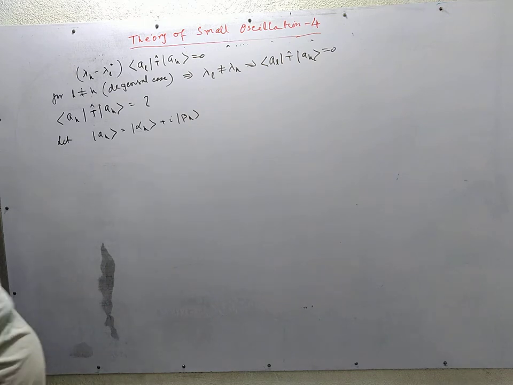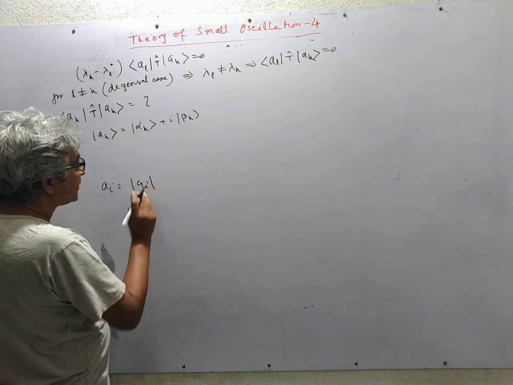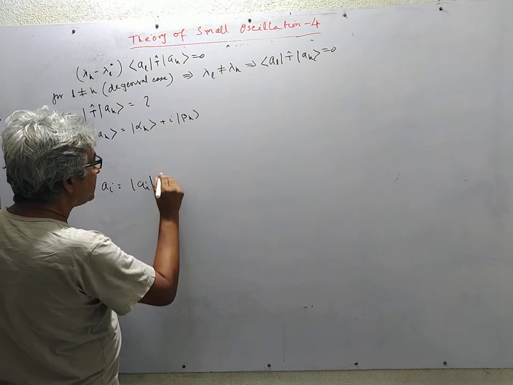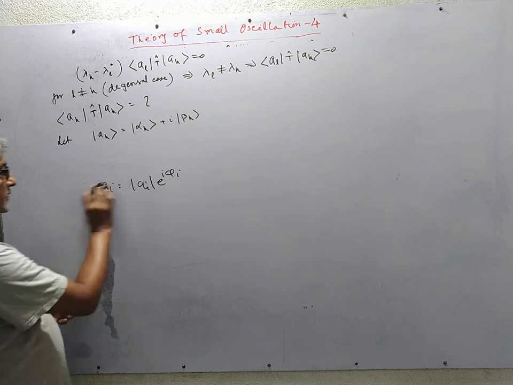Recall that we have written that A_i is complex, so we wrote it as A_i e to the power i phi_i. This is another way of writing this.